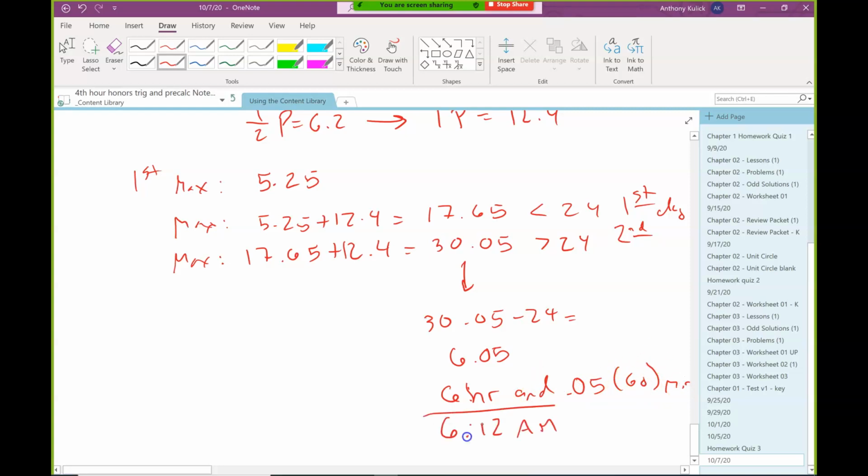I had to do some crummy unit conversions there, going from time in hours and minutes into just hours and then back into minutes and hours so I could get a time. But is that okay with how I kind of reasoned through that?